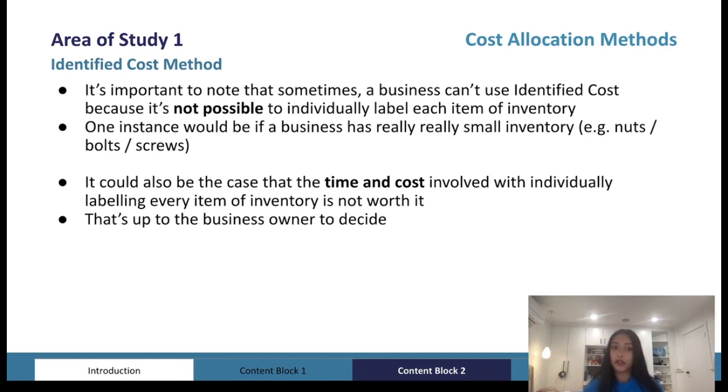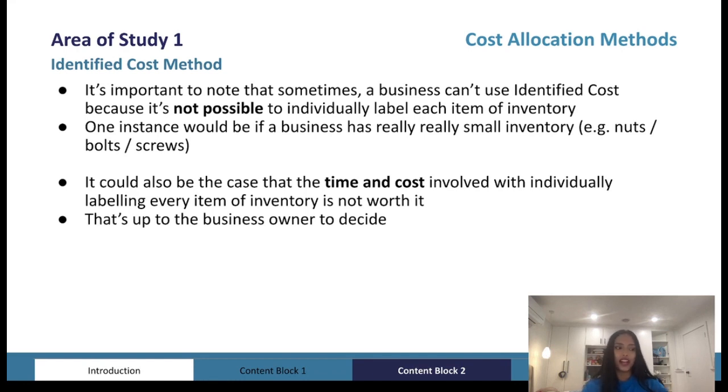But if the business owner wants a really, really accurate inventory card, and wants to know 100% without a doubt what the cost of sales and cost of goods sold is, then that's up to the business owner. It's their prerogative to decide whether they want to use identified cost.